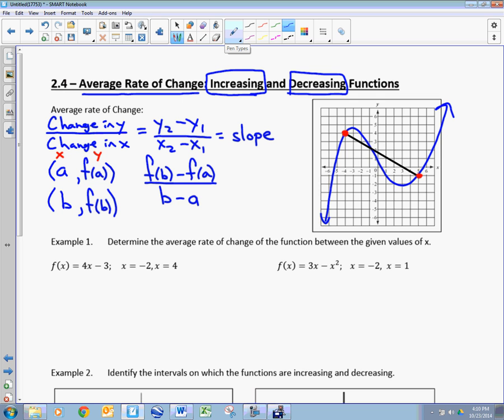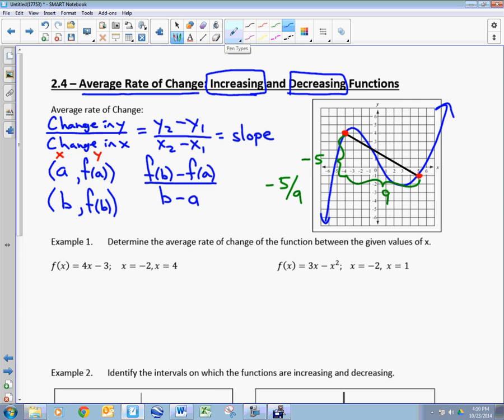The average rate of change between those 2 points is the change in y, which is in this case 1, 2, 3, 4, 5 units down, divided by the change in x, 1, 2, 3, 4, 5, 6, 7, 8, 9. So the average rate of change is -5 over 9.